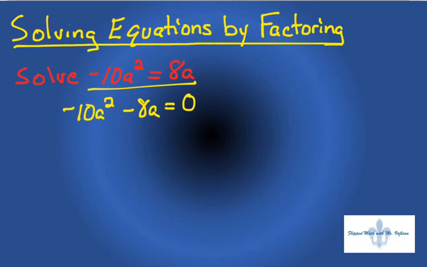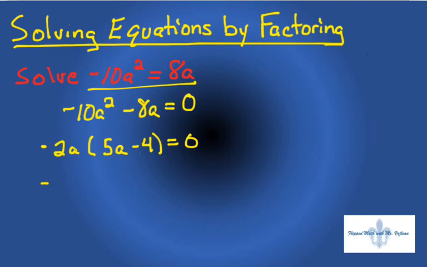Now, if we factor this equation, we'll be able to go ahead and solve for both pieces. So our common factor here is 2. So if we remove a 2a from both sides, and let's make it a negative 2a, we'll make it a little bit easier to deal with on the right. So we have 5a remaining on this side from one factor, and negative 4 from the other, and we're equal to 0.